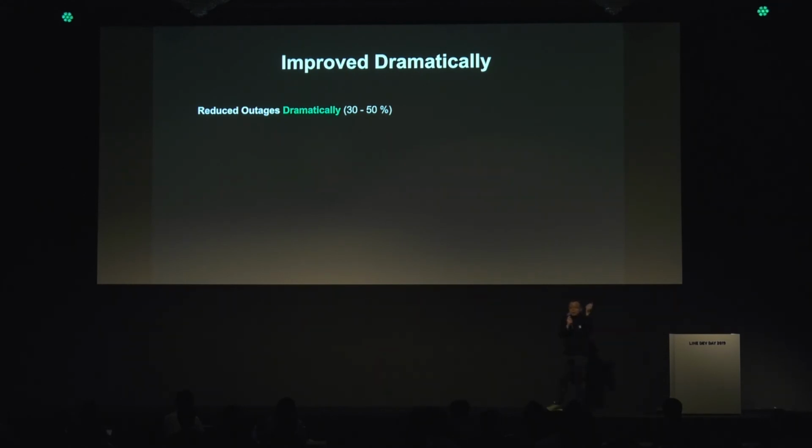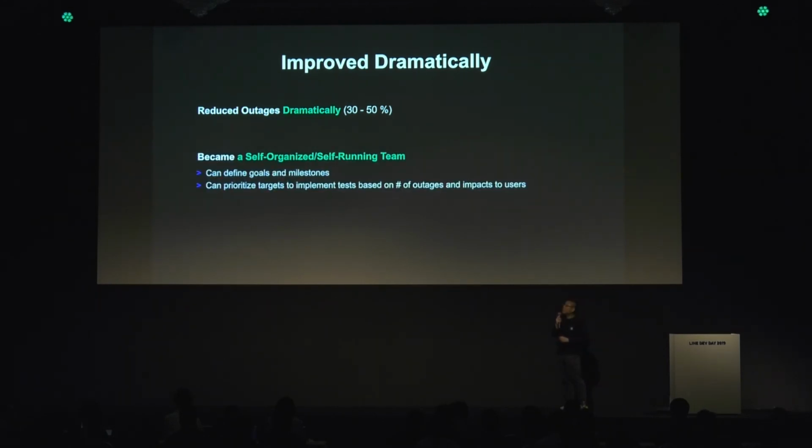And it's not just in production, Karate itself is also used in the development environment. So before the release, we can find the bugs, do the root cause analysis, and release without bugs. Actually, outage reduction is larger than 30 or 50%.